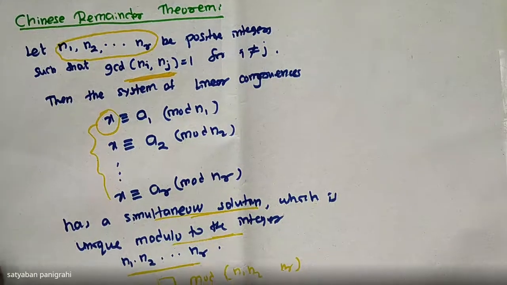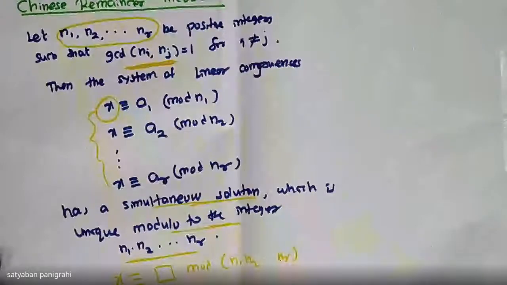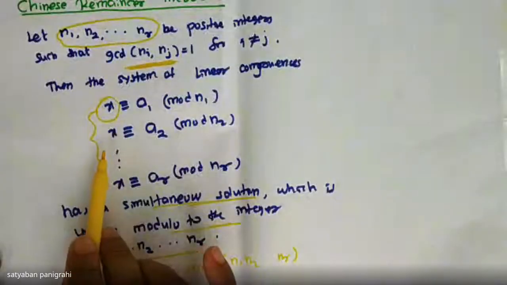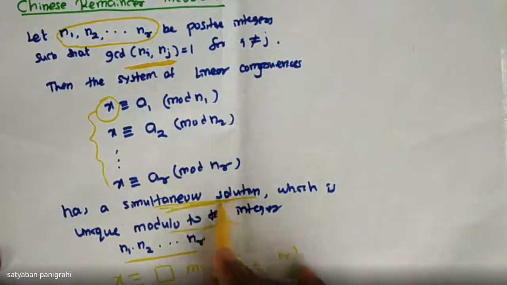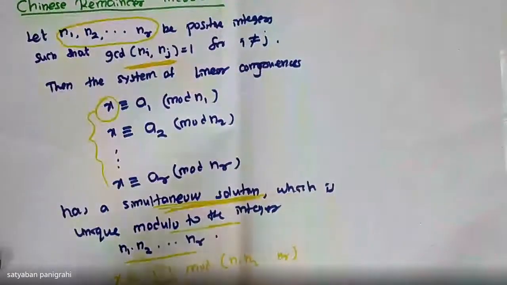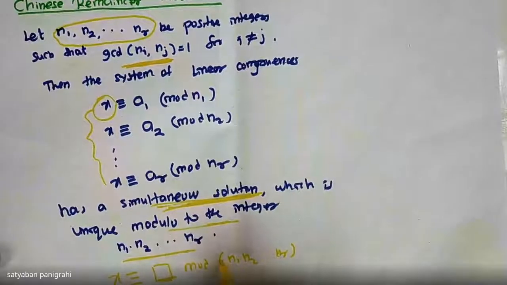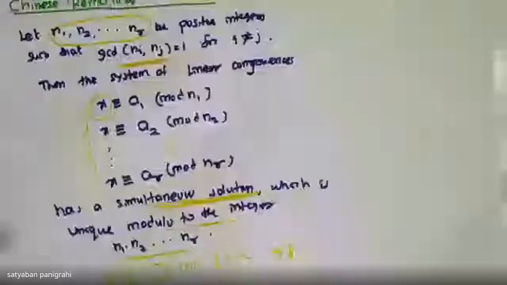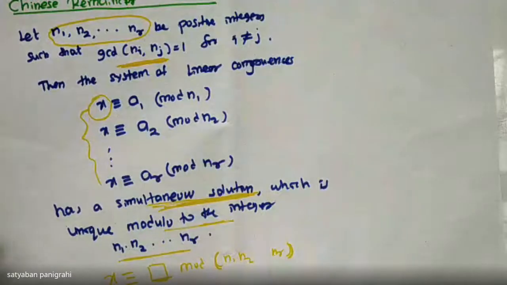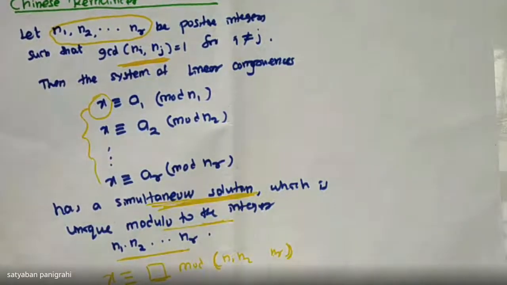We have to show that this system has a solution and a unique solution modulo the product N1·N2·…·NR. Now, the next part, we will prove it.